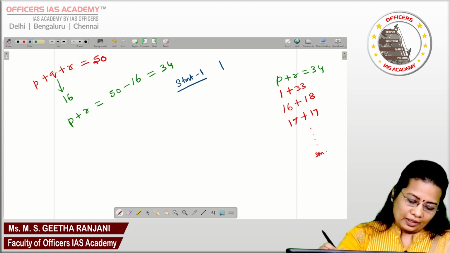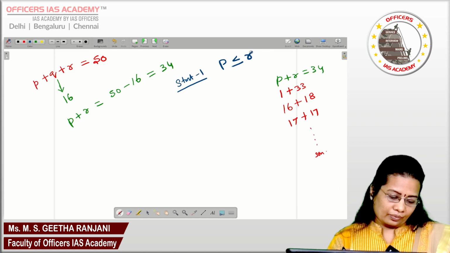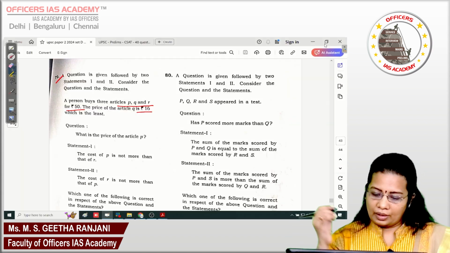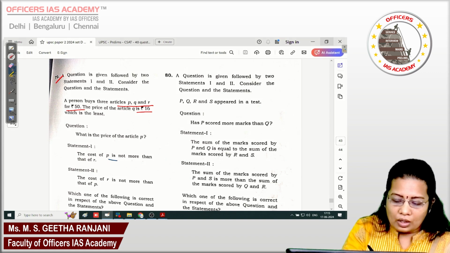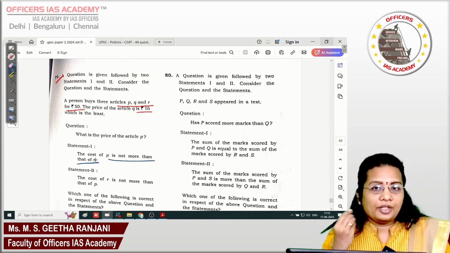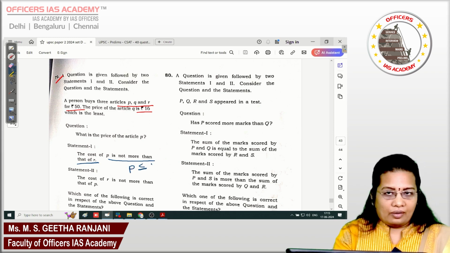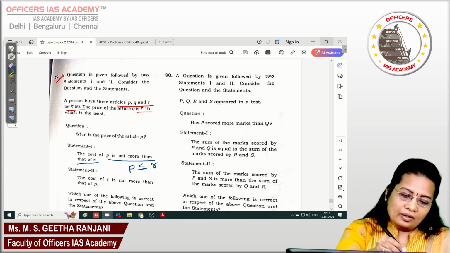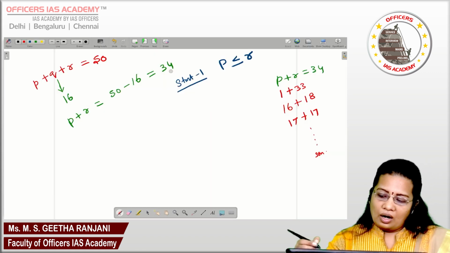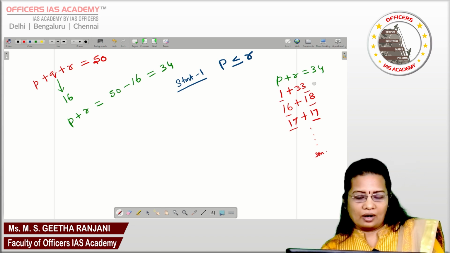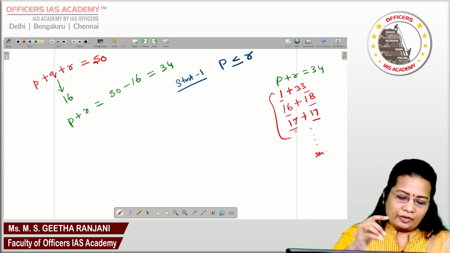Statement 1: P is less than or equal to R. That is, the cost of P is not more than that of R. What is the meaning of not more than that? It means P is less than or equal to R. So, from 50 minus 16 is 34, P may be equal to R or less than R.